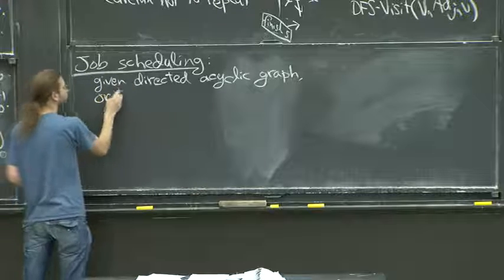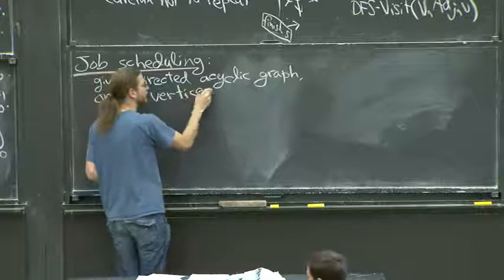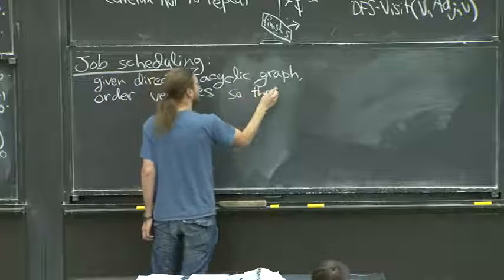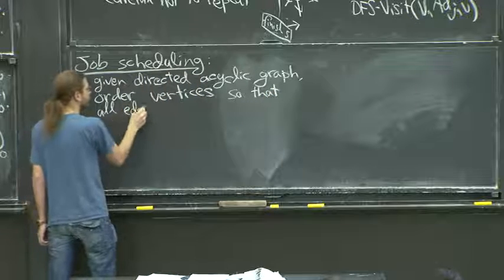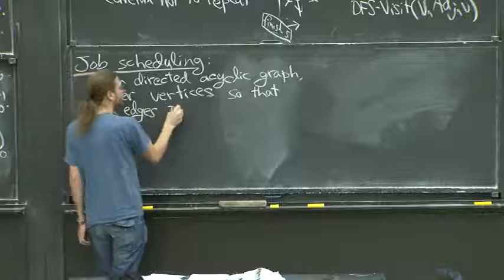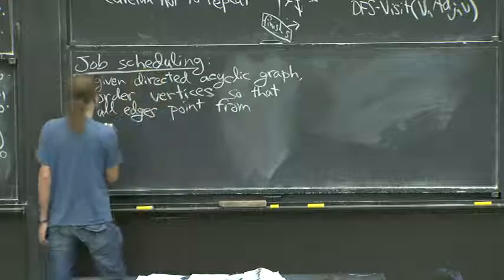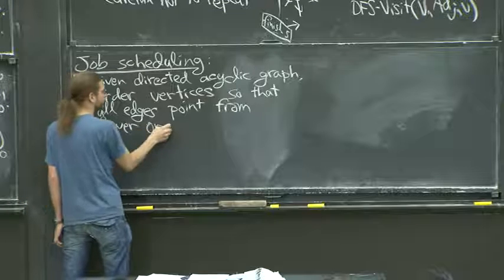I want to order the vertices so that all edges point from lower order to higher order.